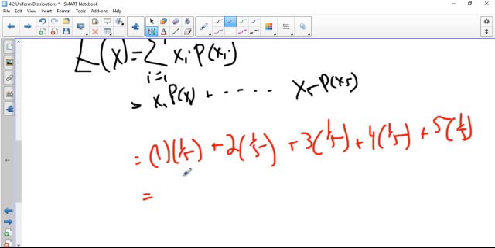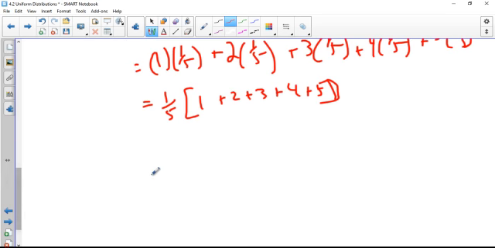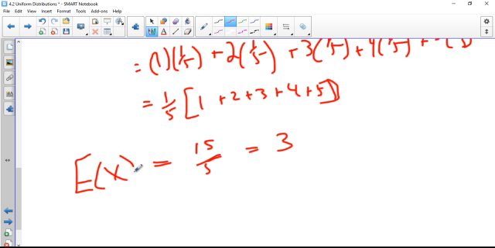So we can factor that 1/5 out and add all the numbers up. If I factor the 1/5 out, we're left with 1 plus 2 plus 3 plus 4 plus 5, and that will give us 15 over 5. So our expected value will be 3.